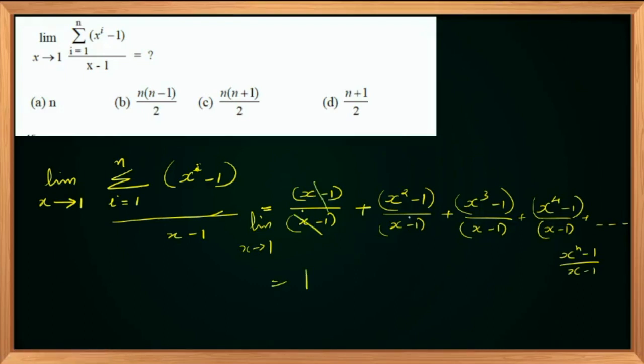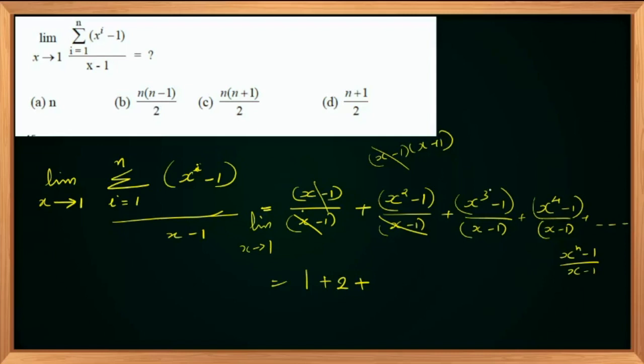Now I know the first term is equal to 1 because it cancels out. When you put x equal to 1, how do you get the answer for the next one? This is also very easy because I can write (x - 1)(x + 1) here. When I cancel these terms, I'll get 1 + 2 + the third term. Now from here onwards you can do differentiation on numerator and denominator, so L'Hospital's rule can be applied.